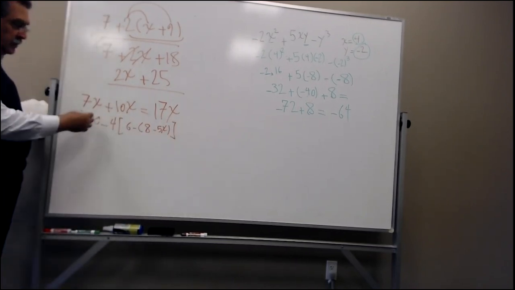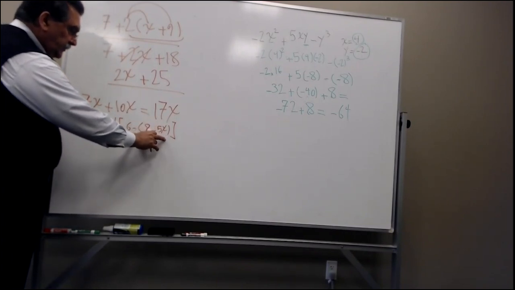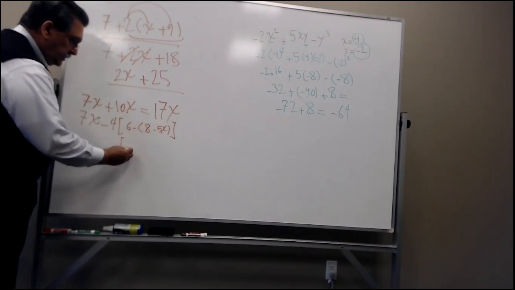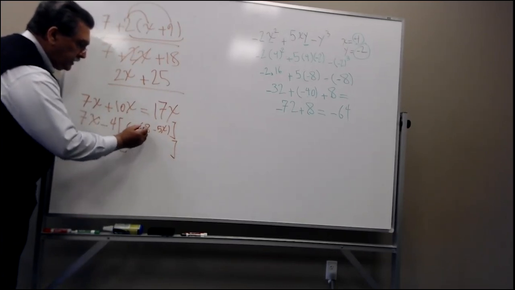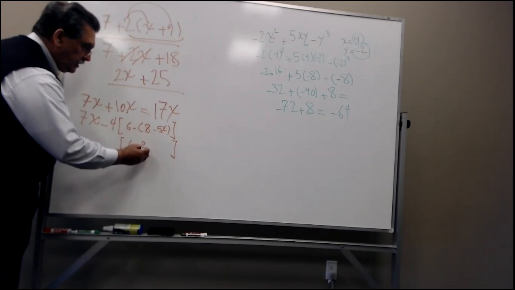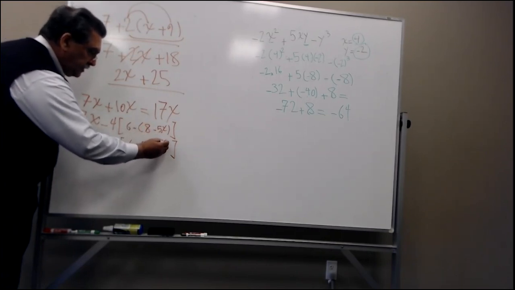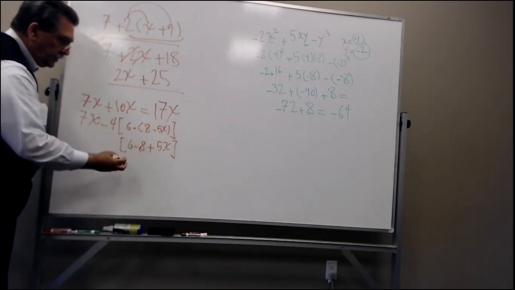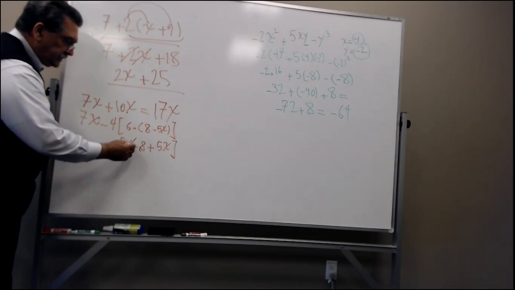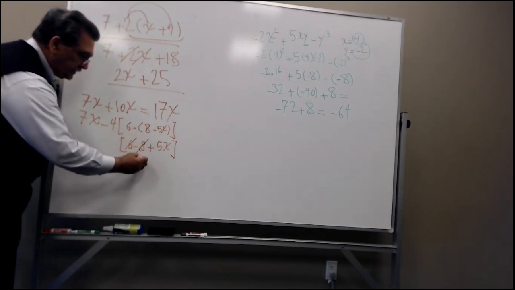So start from inside here first. So this would be 6 minus times 8 minus 8 minus times minus plus 5. So just for now, let's work on here. 6 plus 6 minus 8 minus 2 plus 5x.